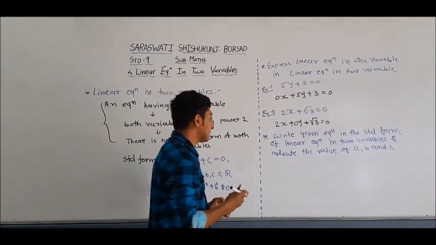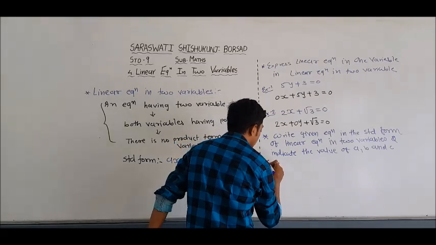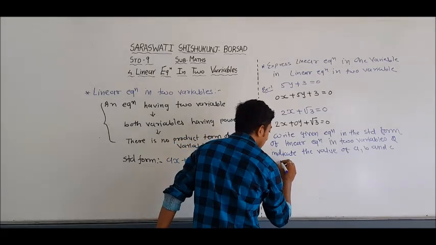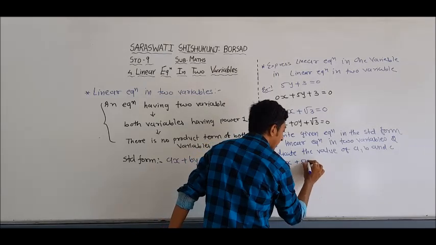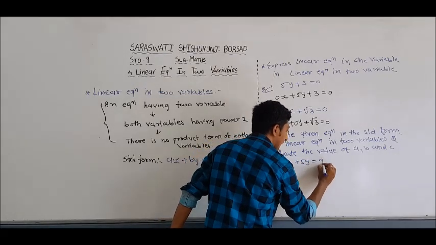Let us see example 1: 3x plus 5y equal to 9.